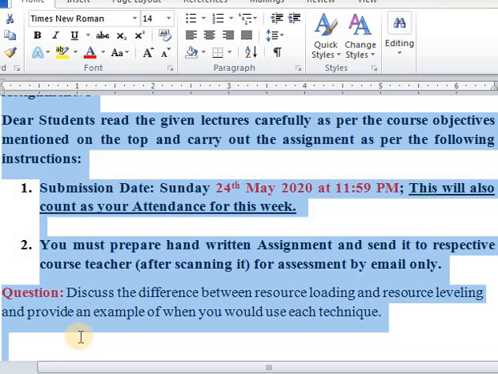In order to manage the project human resource, you need to load the appropriate resource and you need to level the appropriate resources. What are these techniques? You need to describe them with appropriate examples in order to justify your answer.